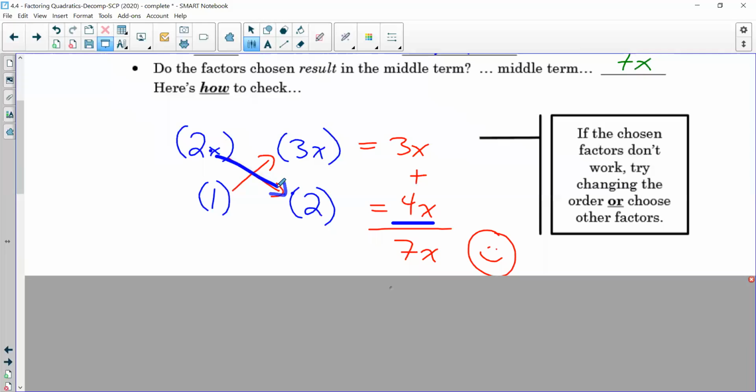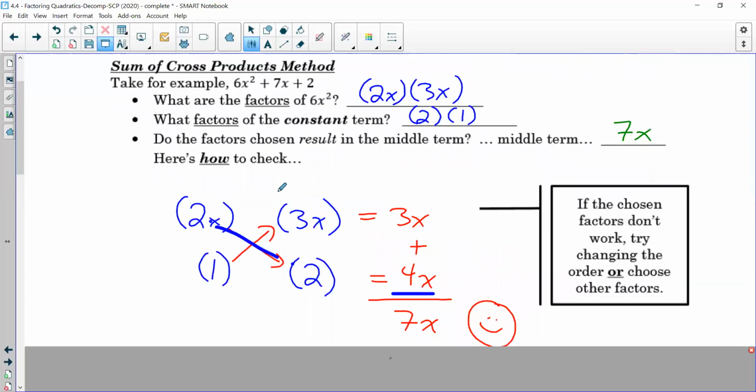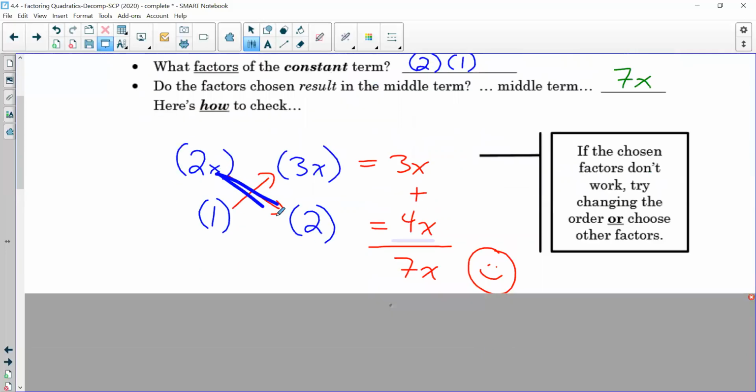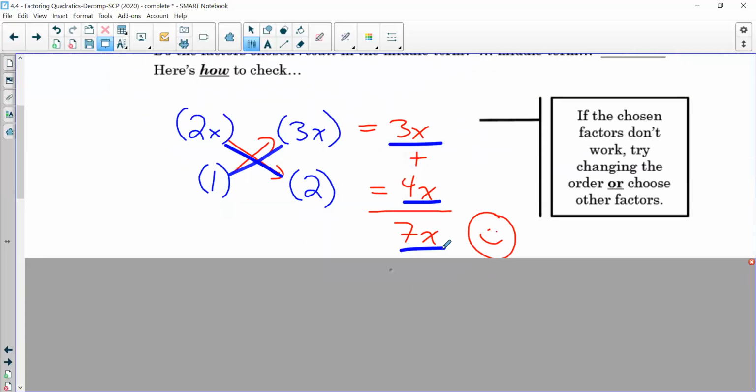So again, a cross product. Cross the 2 and the 2x to get the 4x. Cross the 1 and the 3 to get the 3x. And then here's the word sum, sum of cross products. So we've crossed and product means multiply, and then sum means to add, and we get 7x.